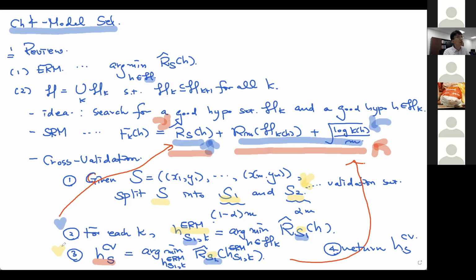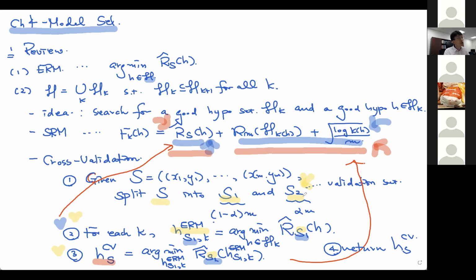But the candidates for this winning process, which are obtained in step 2, may not be very ideal because S1 will be small. So using small S1, we may be unable to find a good hypothesis in each hypothesis set. Okay, so with large S2, step 3 will become very good, but step 2 may not be very ideal.